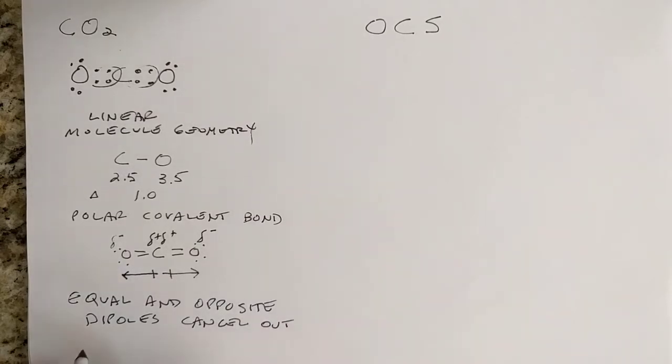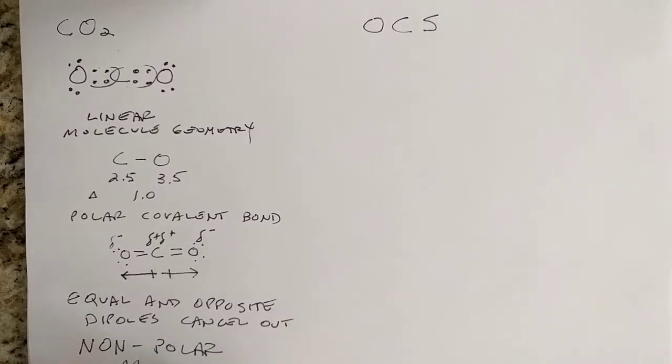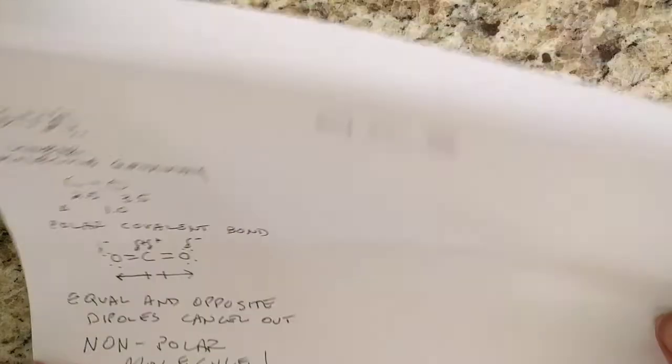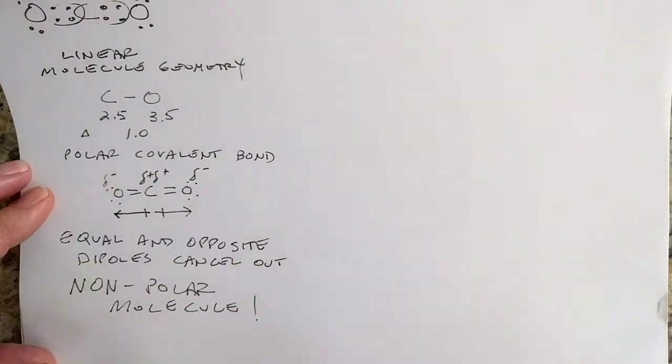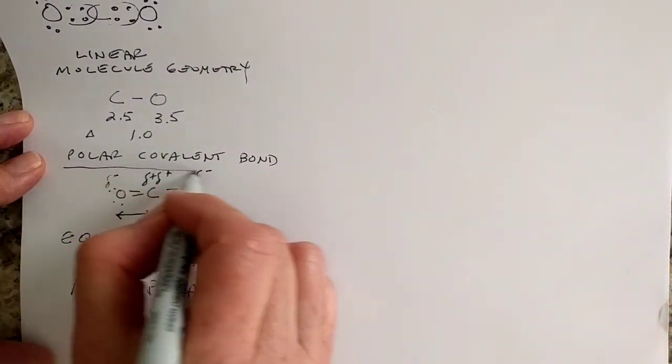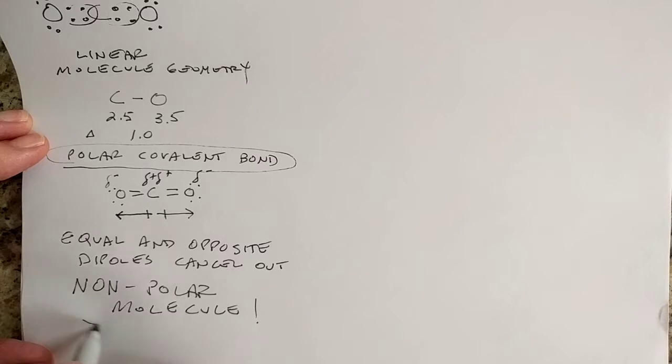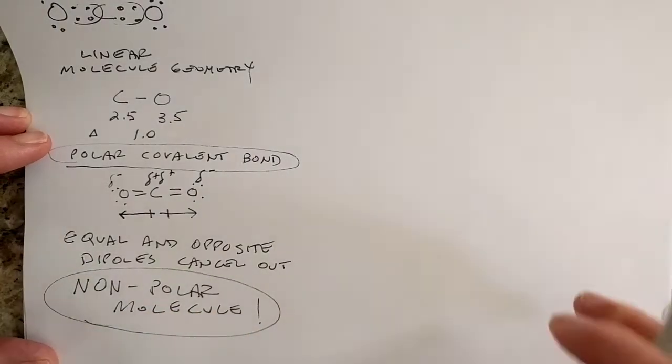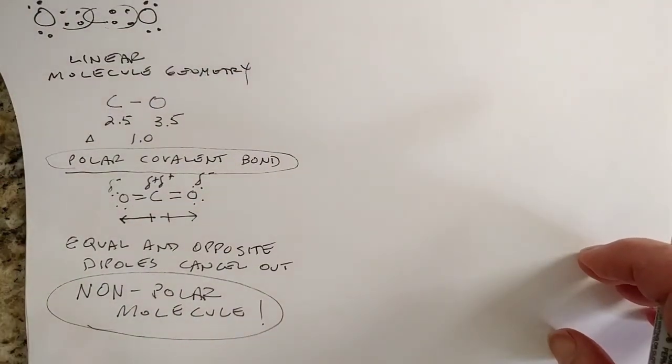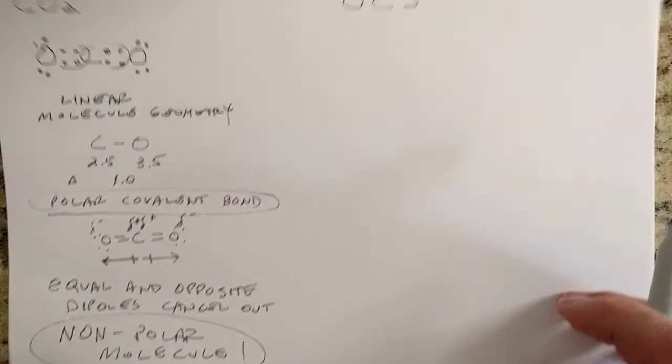So that means that we have a non-polar molecule. Okay, so that might be surprising because our bonds are polar, but our molecule is non-polar. The dipole moment equals 0. Equal and opposite cancel out.